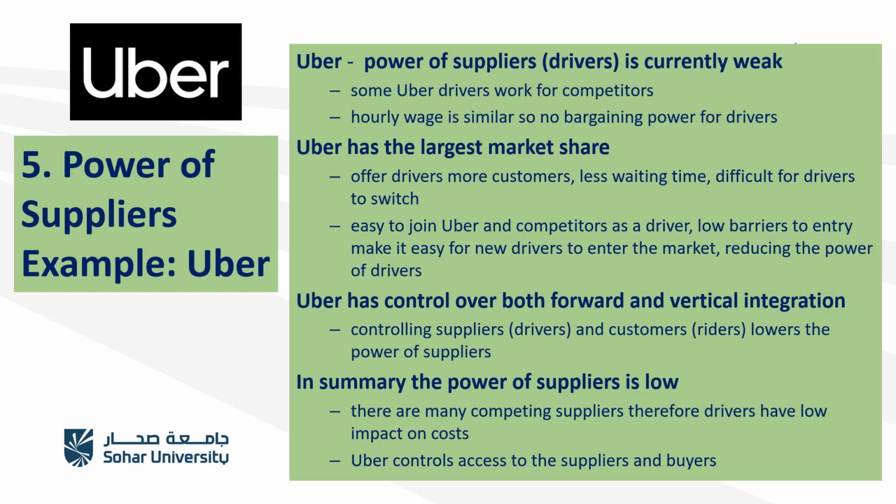So in summary, the power of suppliers is low for Uber because there are many competing suppliers, therefore drivers have low impact on cost, and Uber controls access to the suppliers and buyers.